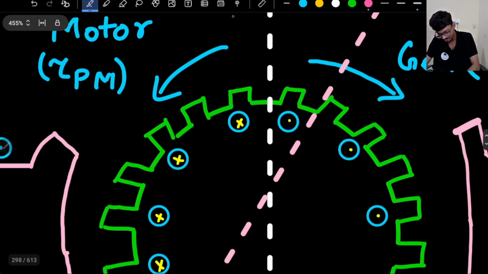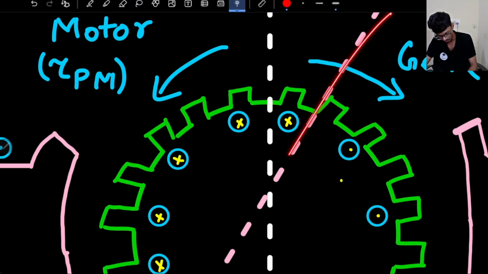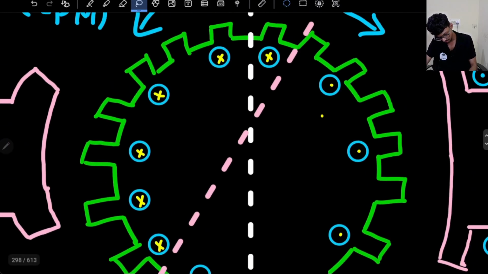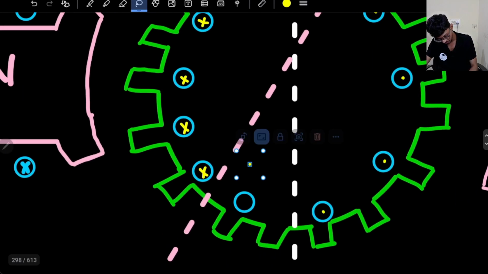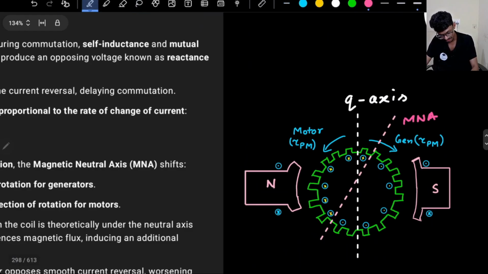So instead of this being a dot, this will be a cross, and the current will reverse its direction along the MNA. Instead of this being a cross, this will be a dot. Actually the current is reversing its direction here, but I have already physically placed the brushes right here.